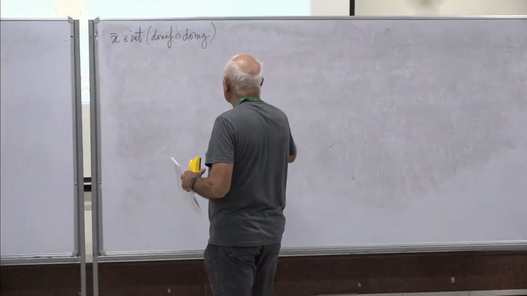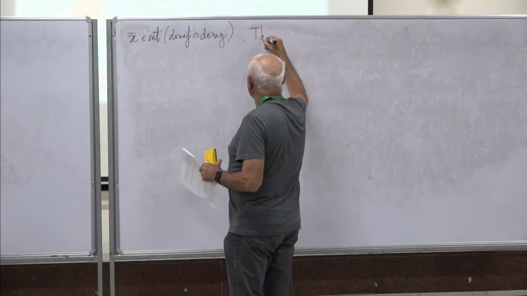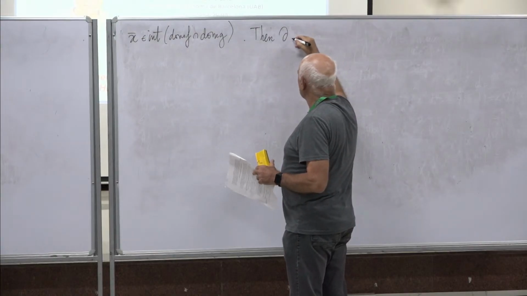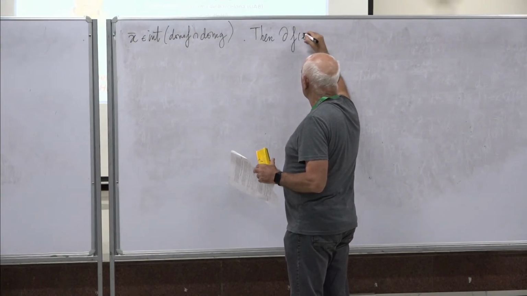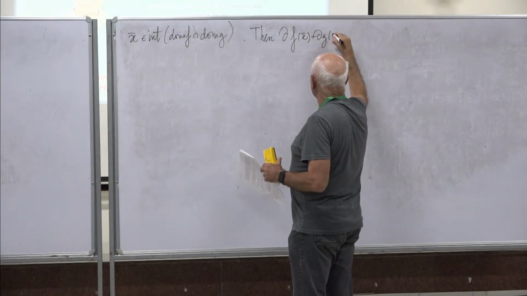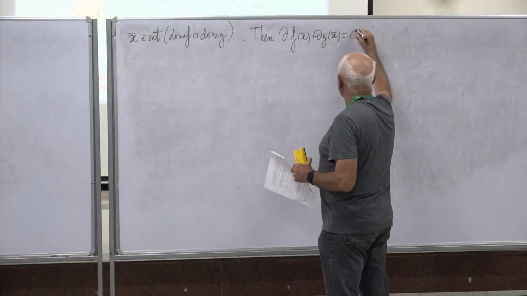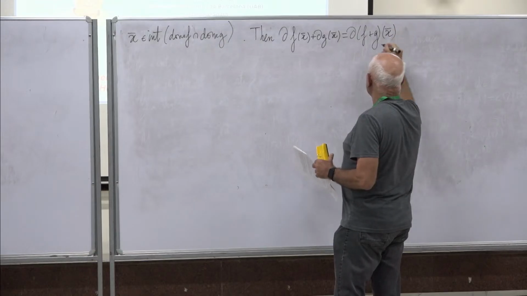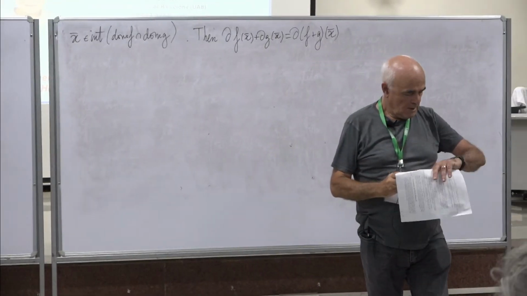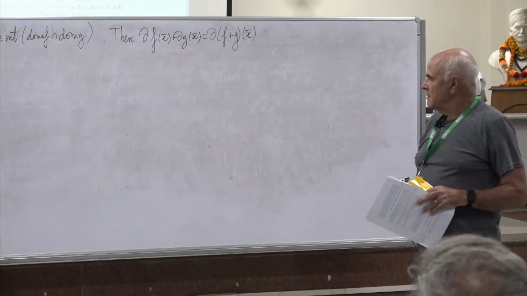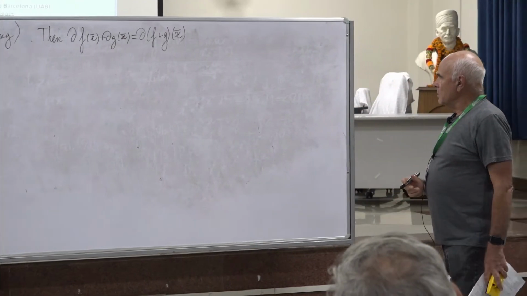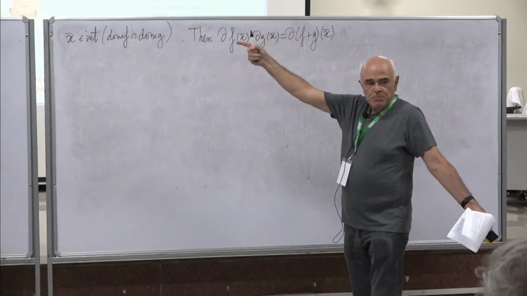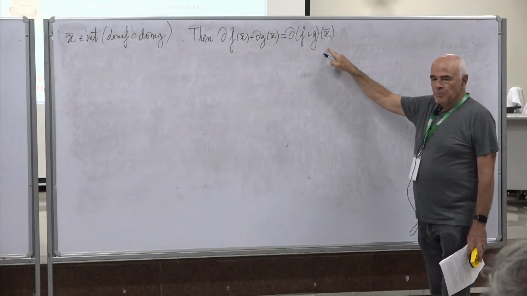Then we have equality. Okay, let's see that. So one inclusion is proved. Now we are proving the opposite inclusion.